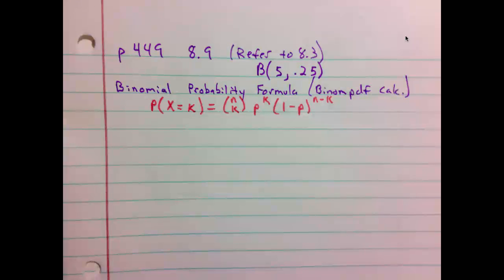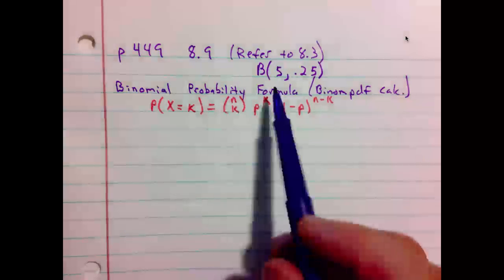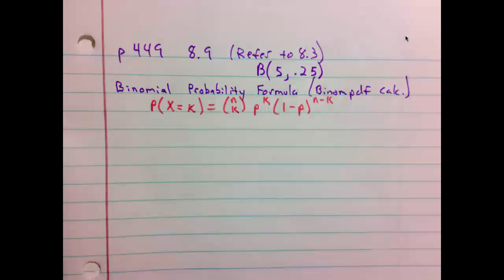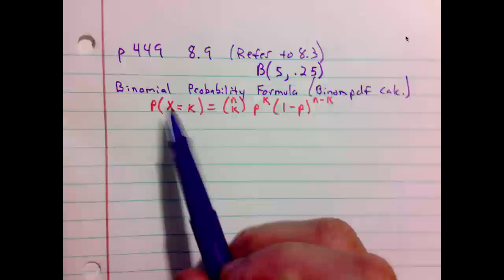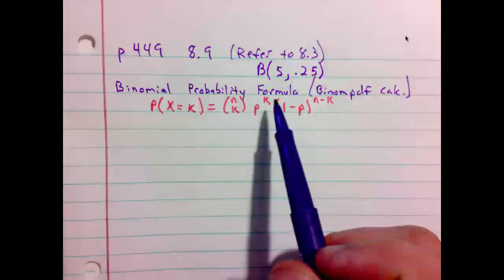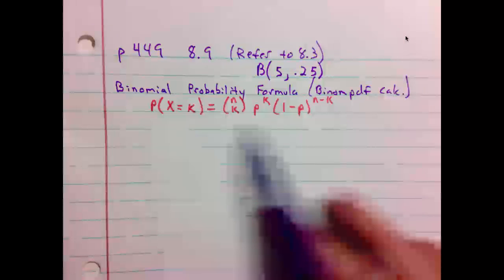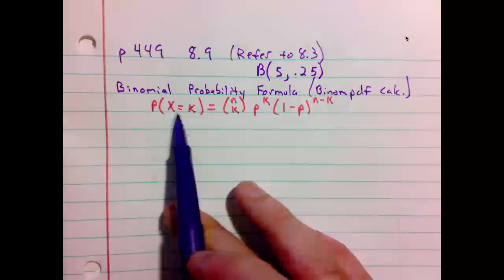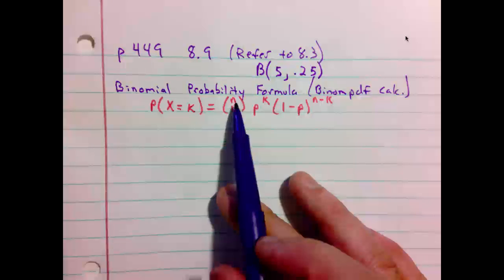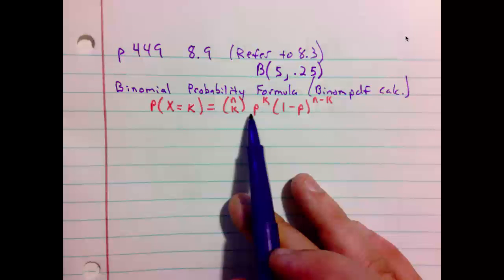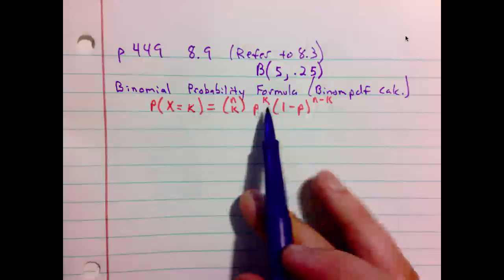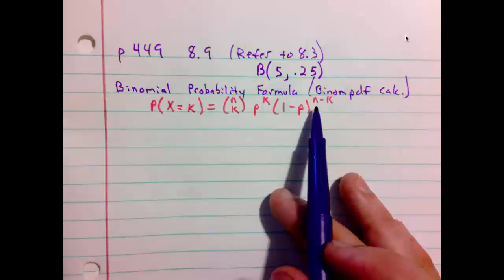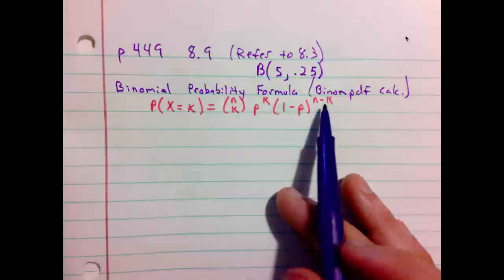They want us to demonstrate using the binomial formula the probability that X equals 3. Well, the binomial probability formula, which is on the formula chart, is this. It looks rather intimidating, but it's not too bad. It says the probability that X is equal to k will be n choose k times p to the k power times 1 minus p to the n minus k power.